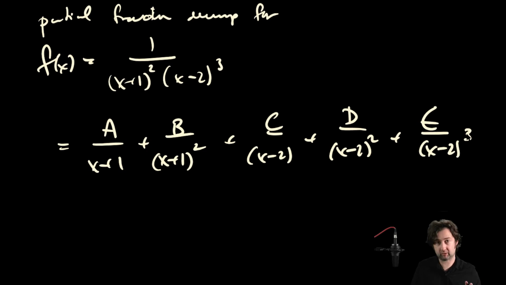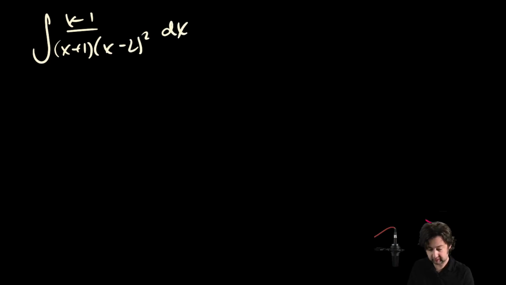Let's look at the integral of x minus 1 over x plus 1 times x minus 2 squared dx. In order to integrate this, I'm going to have to decompose the fraction first. So the very first thing I'm going to do is the partial fraction step.